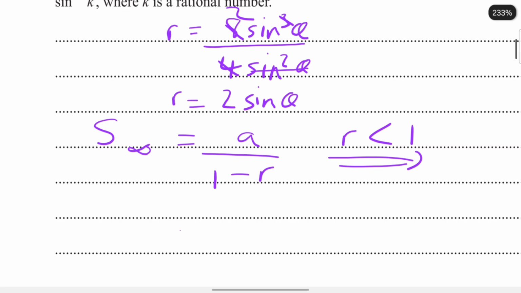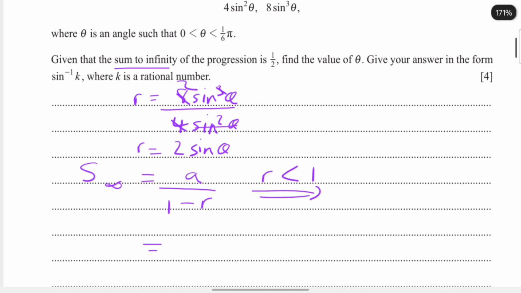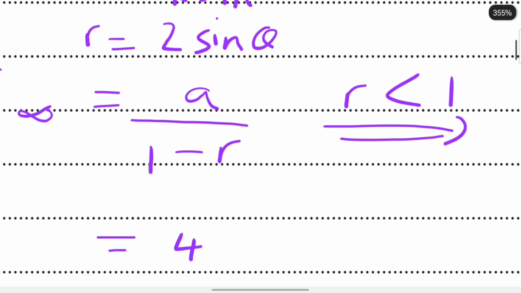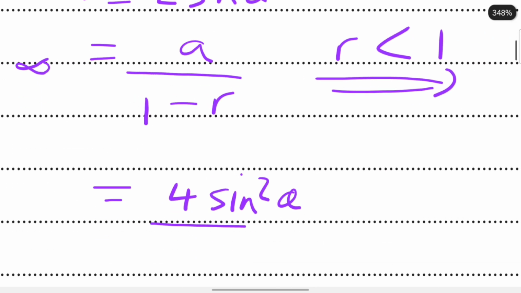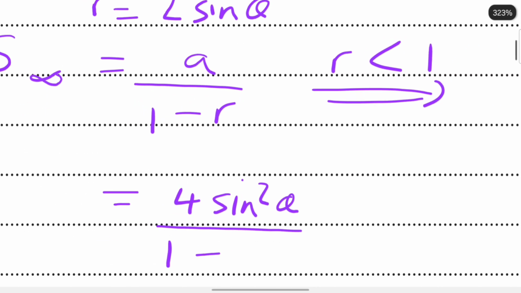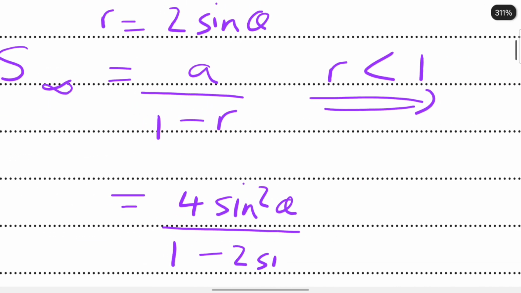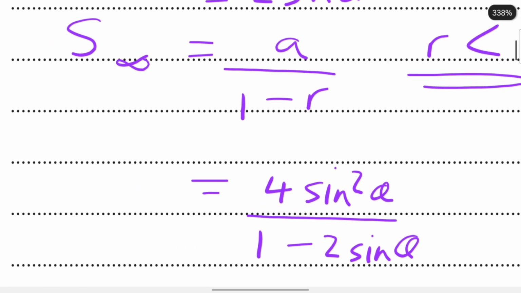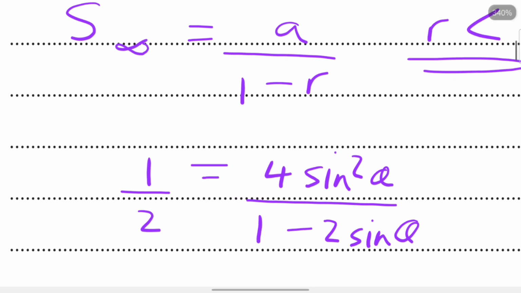So we'll go on and write our a, which is 4 sine squared theta, 4 sine squared theta over our 1 minus r. Our r is 2 sine theta, and the question says this is equals to half, right?